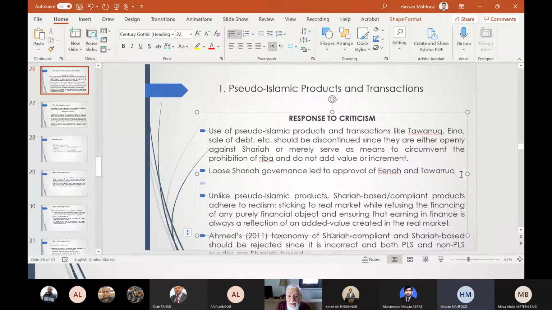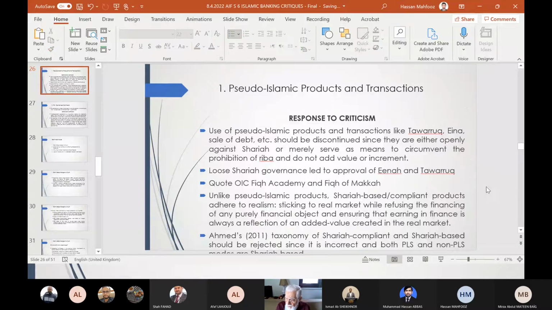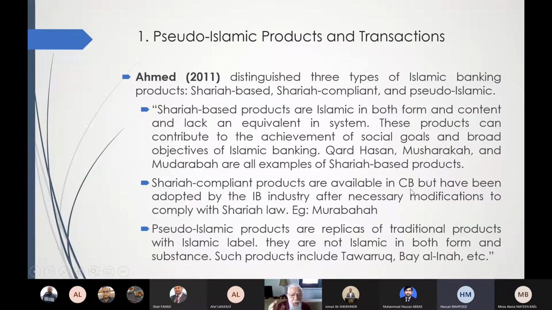So these practices are sometimes practiced under different names, like the murabaha, what is it called? المرابحة الدولية. Commodity murabaha. Yeah, المرابحة بالسلع. Recently, someone from the UK sent me a question about whether this is permissible.